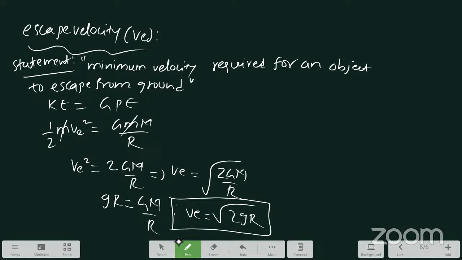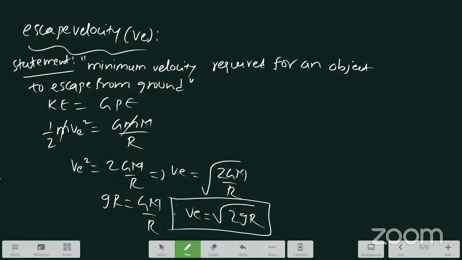First, statement: minimum velocity required for an object to escape from the ground. Then after, in equilibrium position, kinetic energy balances with gravitational potential energy. Here, minus of minus, directly I wrote plus: half m v square equals GMm by r. M cancel. V equals under root of 2GM by r.